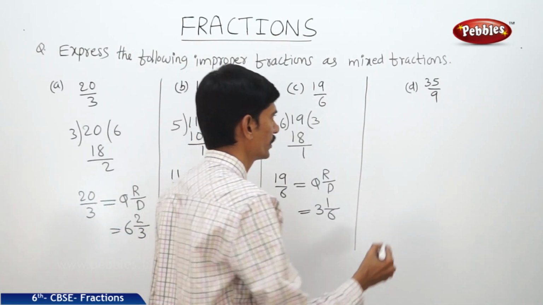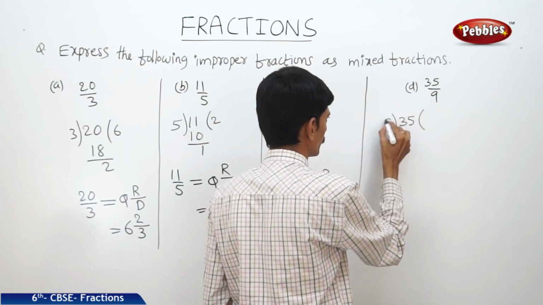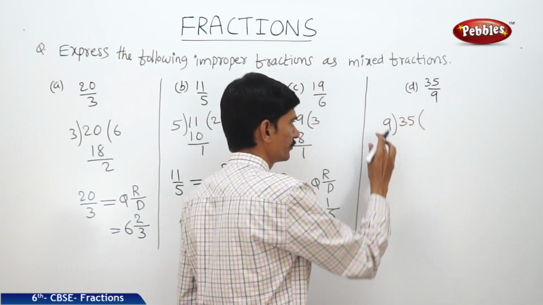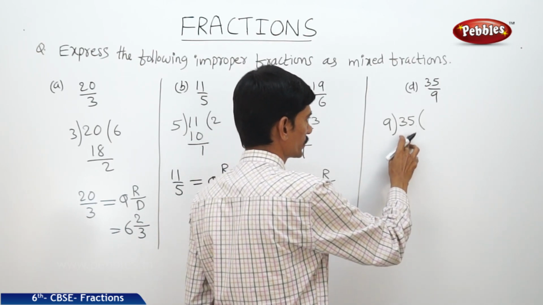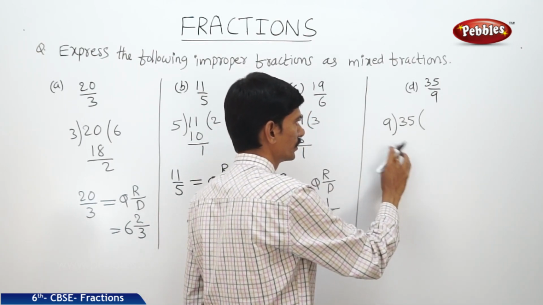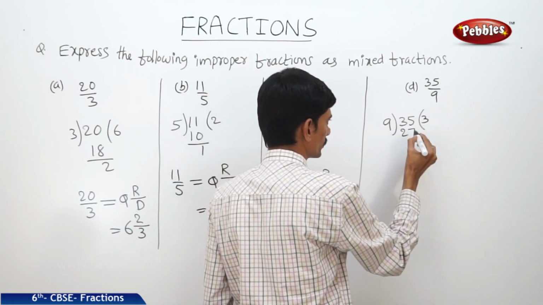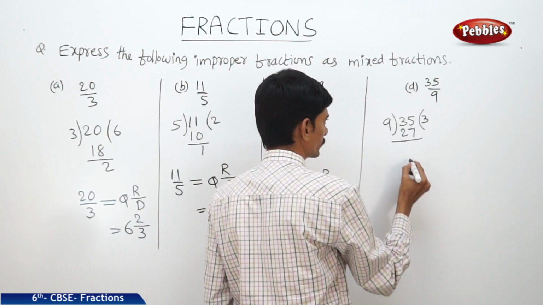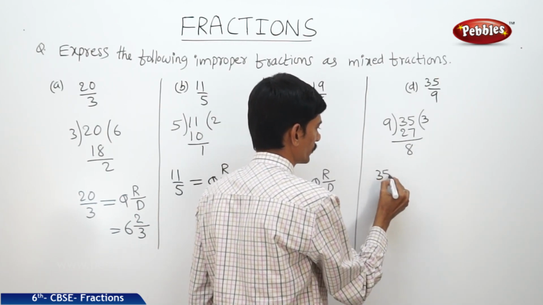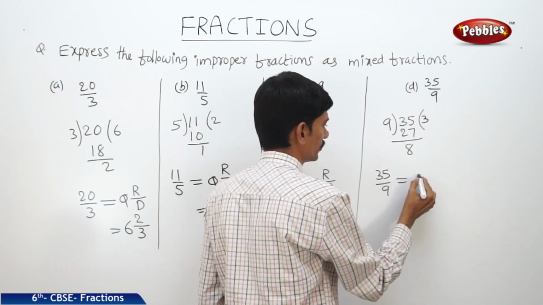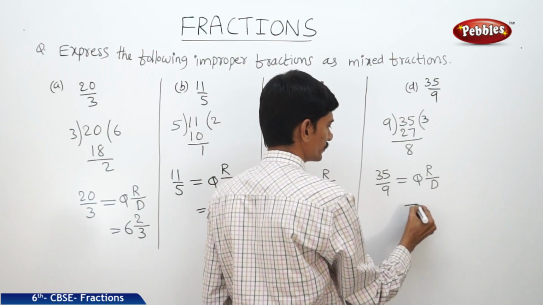Next, 35 by 9. So when we divide 35 by 9, here 9 4s are 36, but it cannot be subtracted from 35, so it is more than 35. So then we take 9 3s are 27. So 35 minus 27 is 8. So then 35 by 9 equals quotient, remainder by divisor.